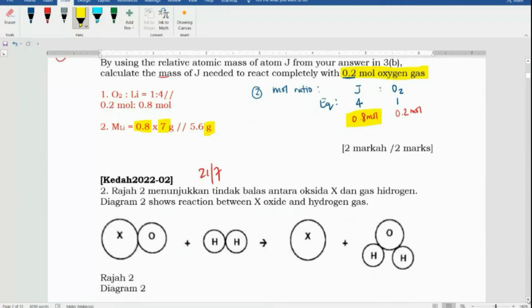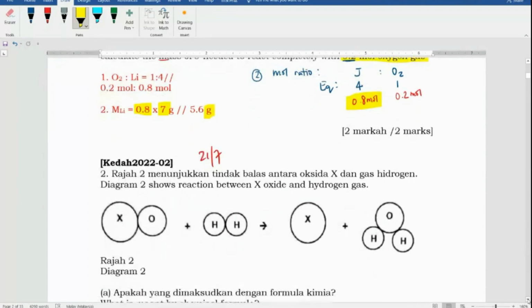So hydrogen gas and X oxide. Hydrogen gas, what is the formula, class? Hydrogen gas is this one, right? So the formula is H2, is that okay?